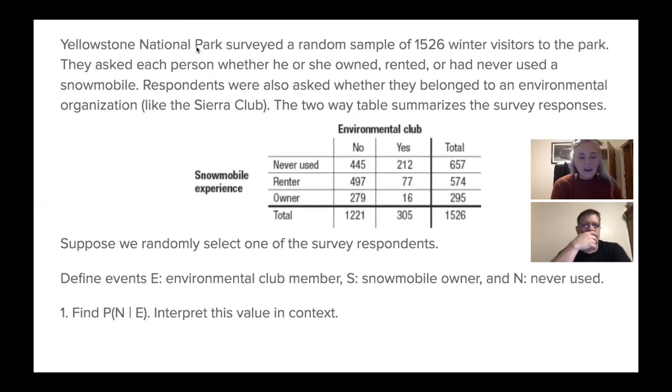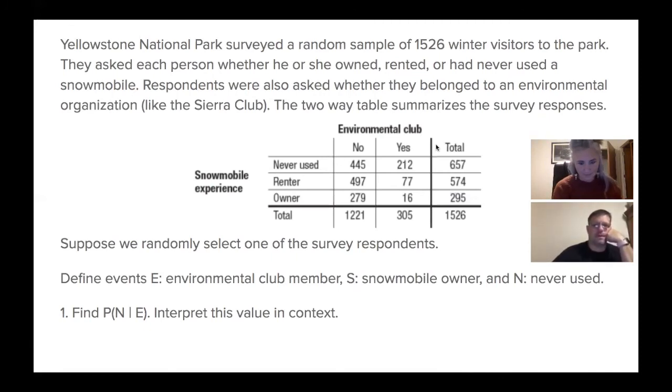So we're going to define event E as the environmental club members, S as snowmobile owners, and N as never used. So we want to find the probability of N given E. What does that mean in context?